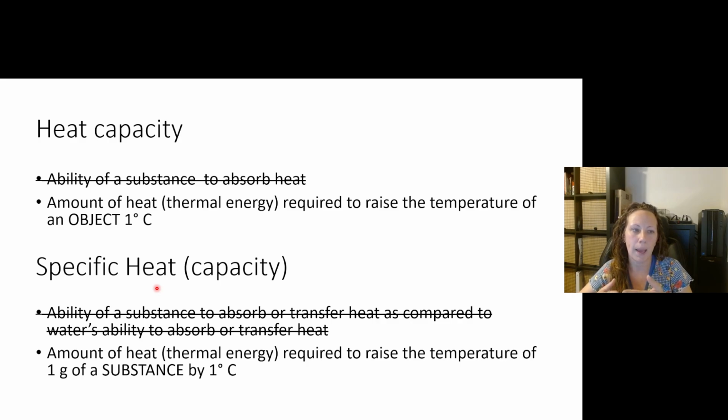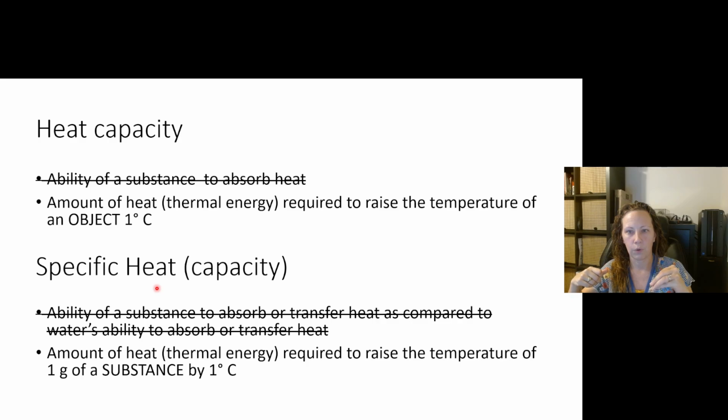And so what that means is if you have to put a lot of heat into a substance before the temperature goes up by 1 degree, because that's what a high specific heat would mean, we have to put a lot of heat into that to raise it by 1 degree. That means that the water absorbs the energy without the temperature going up. Okay.